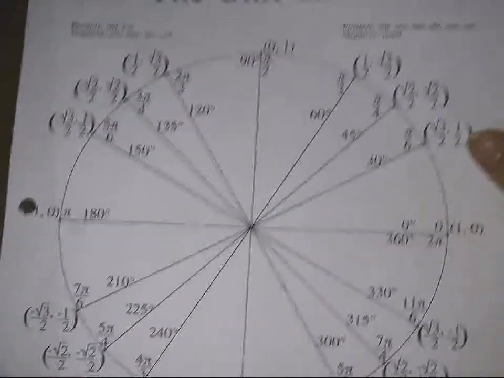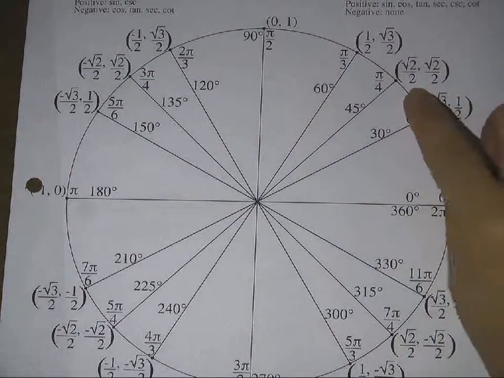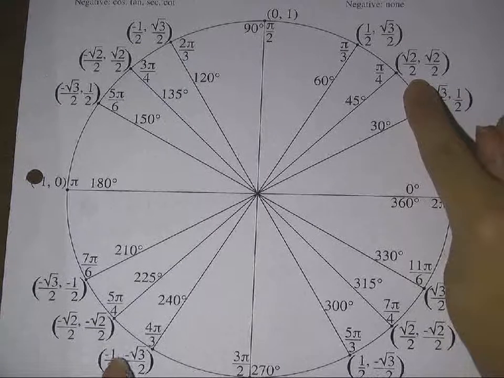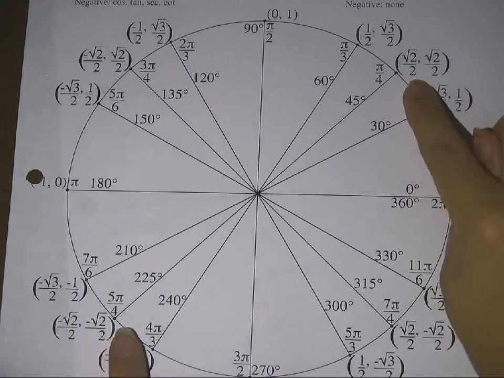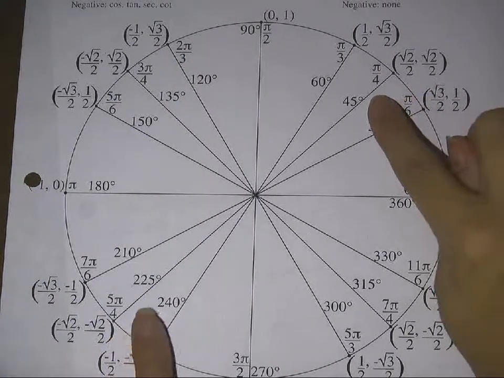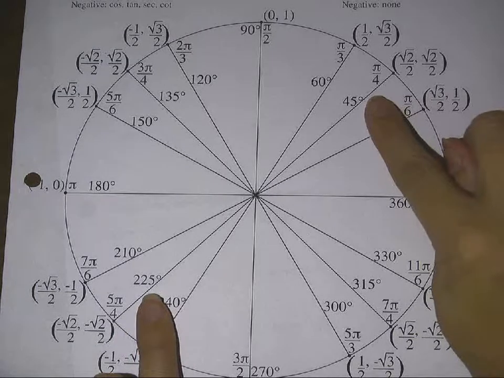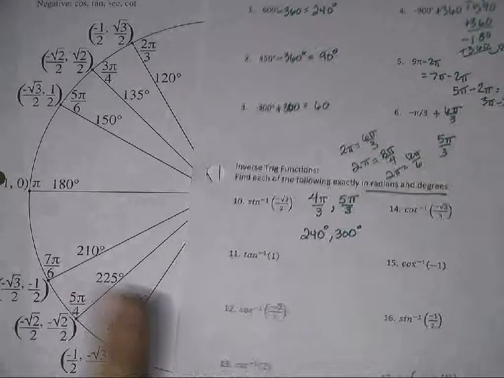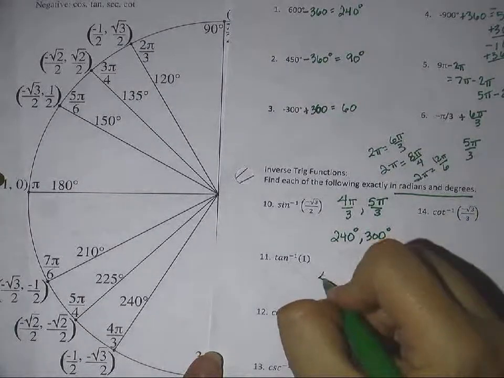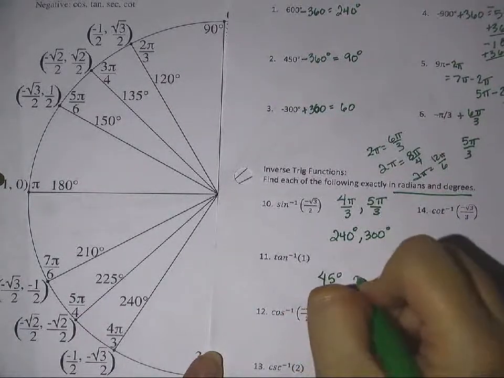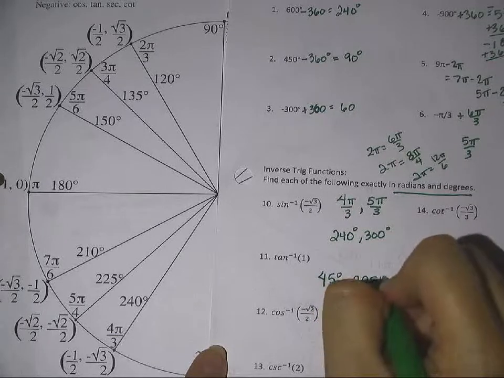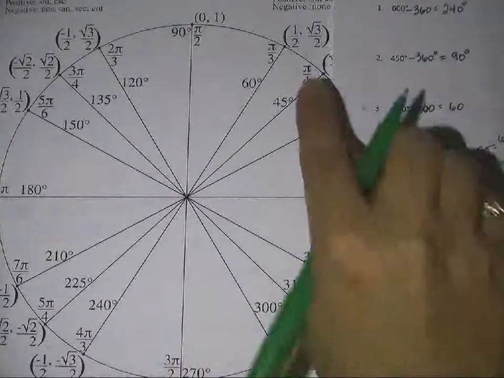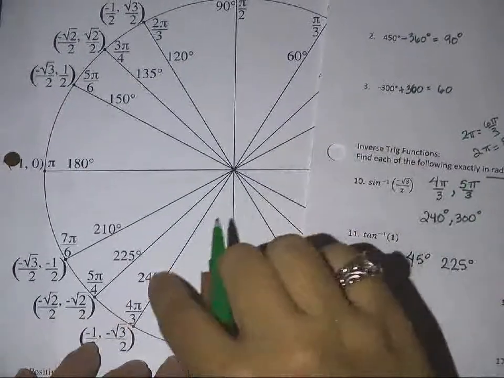The x and the y are the same right here and right here at the bottom. So at my 45 and at my 225. So I'm going to put them on my answers. 45 degrees and 225 degrees. I'm also going to write down my radians. That's pi over 4 and 5 pi over 4.